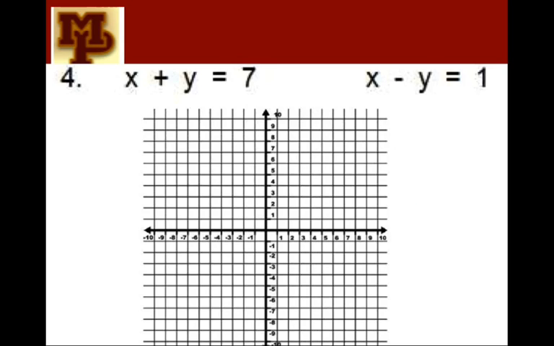It would happen like this if you have 2x plus 4y equals 8, and then, say I divided it by 2, then it would be the second equation.